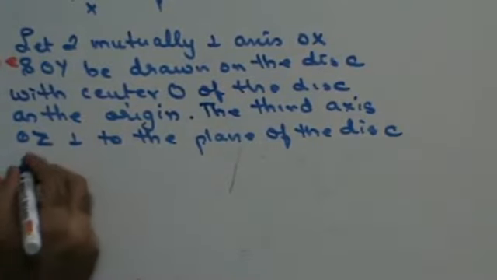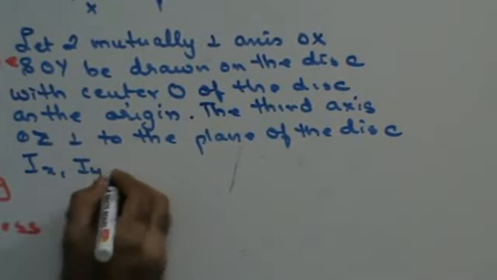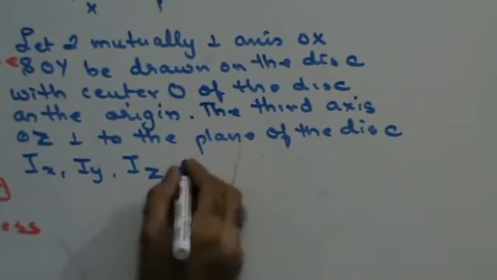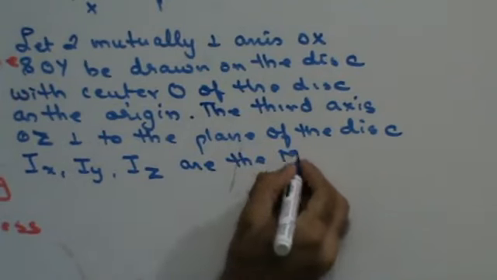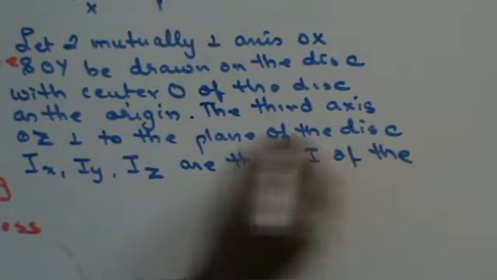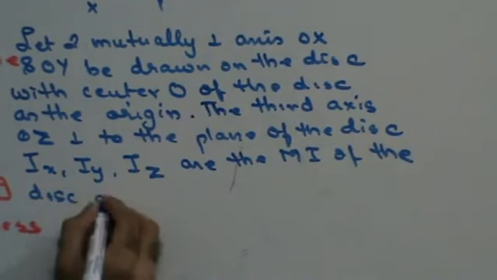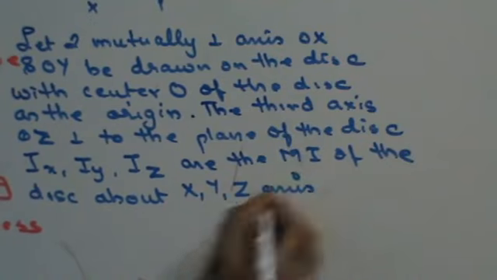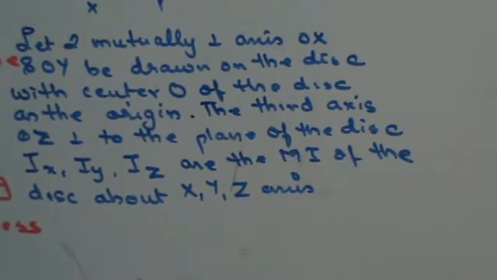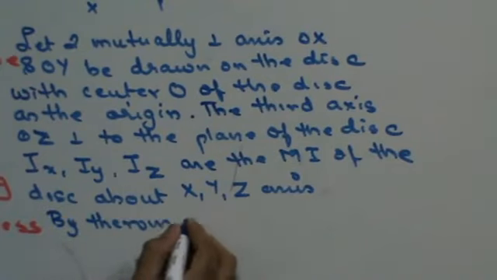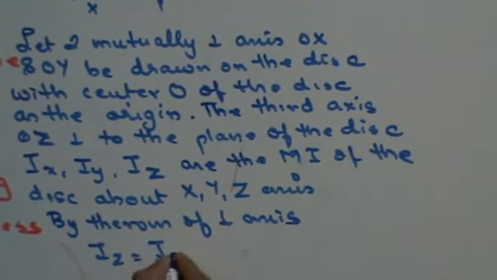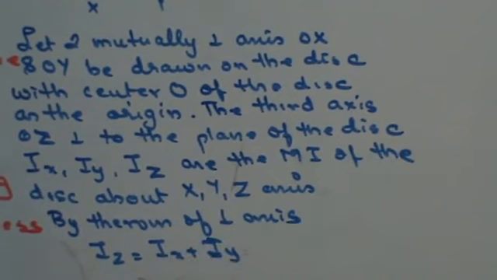In which case, let's assume that Ix, Iy and Iz are the moments of inertia of the disk about the x, y and z axes. Then by the theorem of perpendicular axes, Iz is equal to Ix plus Iy, right?